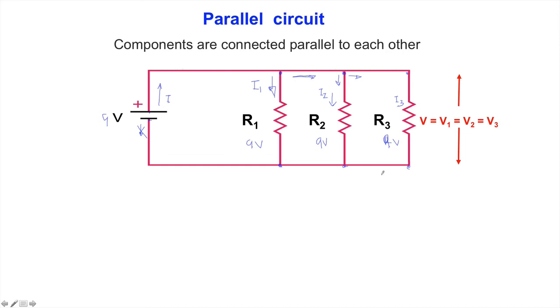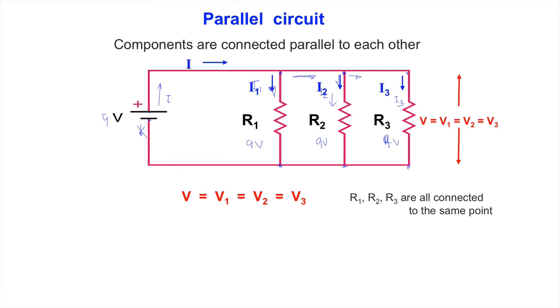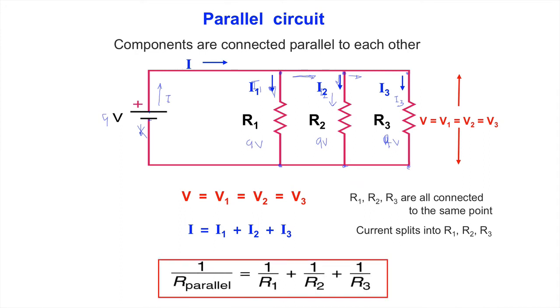You're going to get the same amount. Of course, the current is a different story. The current is going to be the sum of the individuals, because some of it will go through R1, some through R2, some through R3. Therefore, the total current in the circuit is the sum of the individual currents.